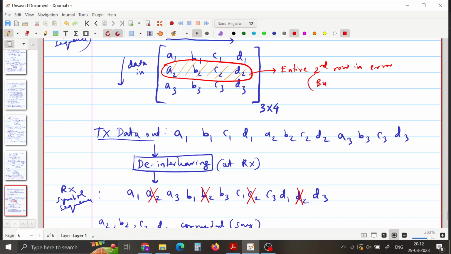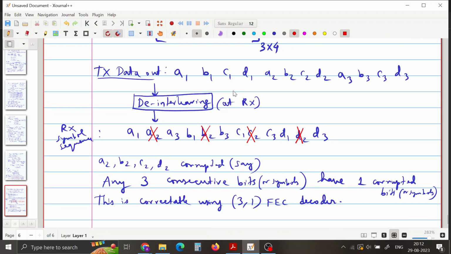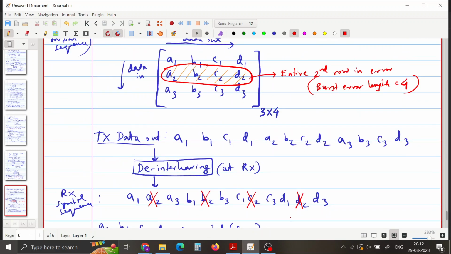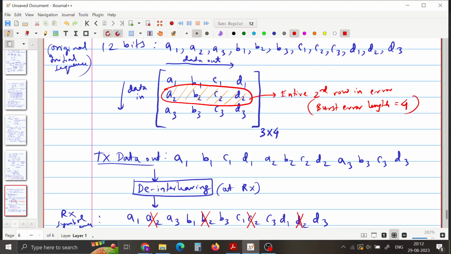So the burst error length is how much? 4 consecutive errors, right? So overall this code can tolerate a maximum burst error length of 4 once this interleaver and de-interleaver is used.